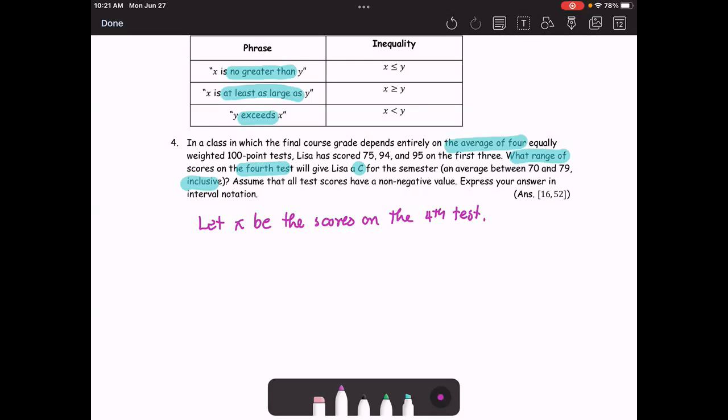And then the average of 4 tests is going to be the sum of all 4 of them, 75 plus 94 plus 95 plus the last one, which is unknown yet, which is x, all divided by 4.